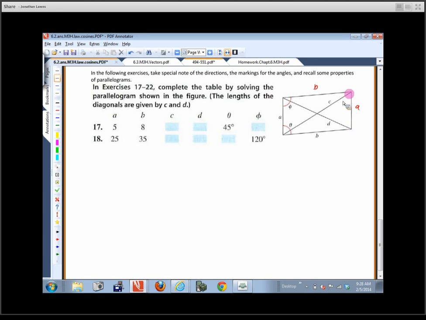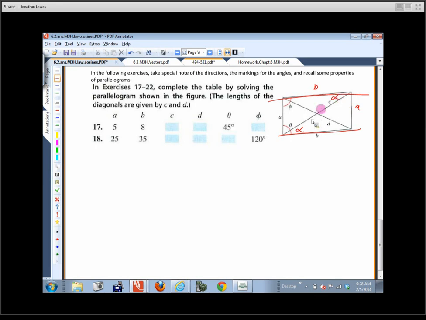Another thing is, if we draw the diagonals, they bisect each other. They cut each other in half. Another thing to keep in mind is, since this line right here is parallel to this line right here, if I knew that this angle right here was alpha, is there another angle on here that I could mark as alpha? That one right there, right?